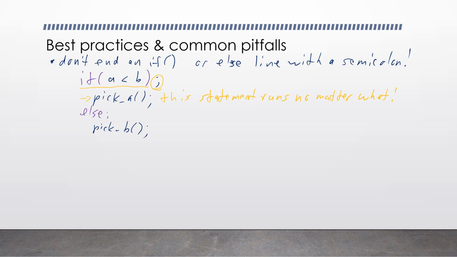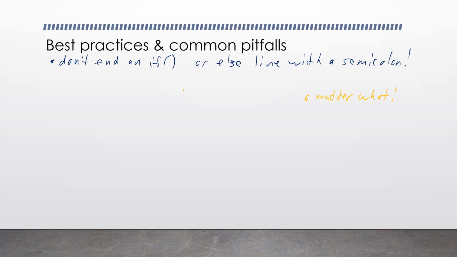Well, it's going to throw up a compiler error because else is no longer associated with an if. The if is already complete and we moved on. So this whole thing fails because of this semicolon and that semicolon. So be sure to end every statement line with a semicolon, but not your ifs and elses.